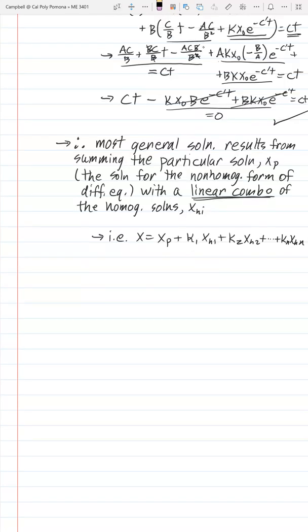Or another way we can say it, x p plus x h, where h is that linear combination, and we can express that linear combination if we choose to in a summation, i equals 1 to n of k i x h i. So there we go. That is our most general solution for that non-homogeneous differential equation.